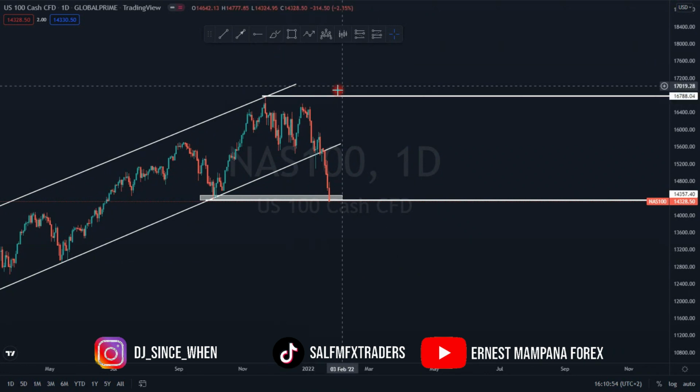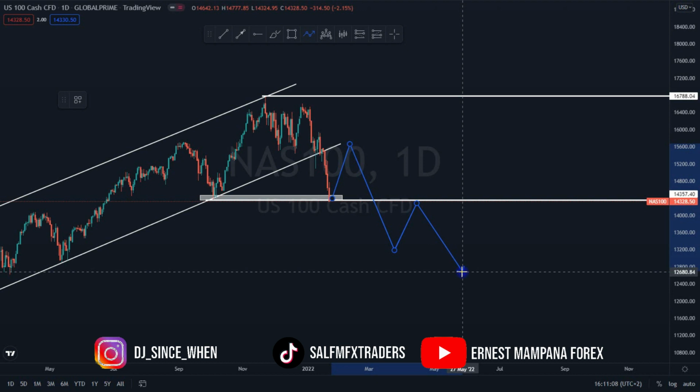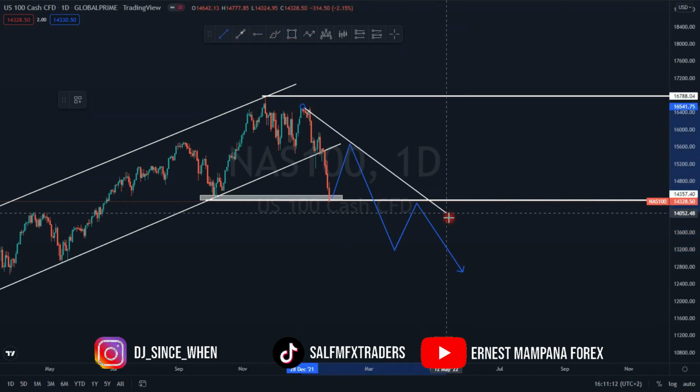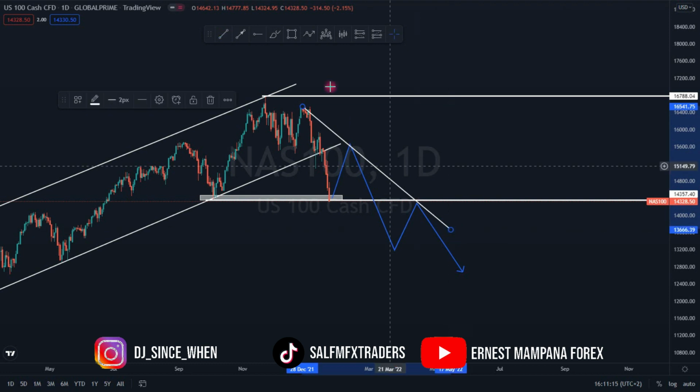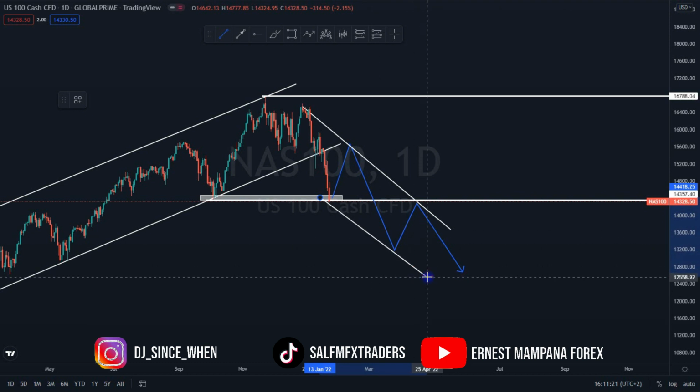So it might be the case that the market might come back up again, this point, and then continue going down, come back again, and then just like that we might have that. It is highly possible to have something like this.